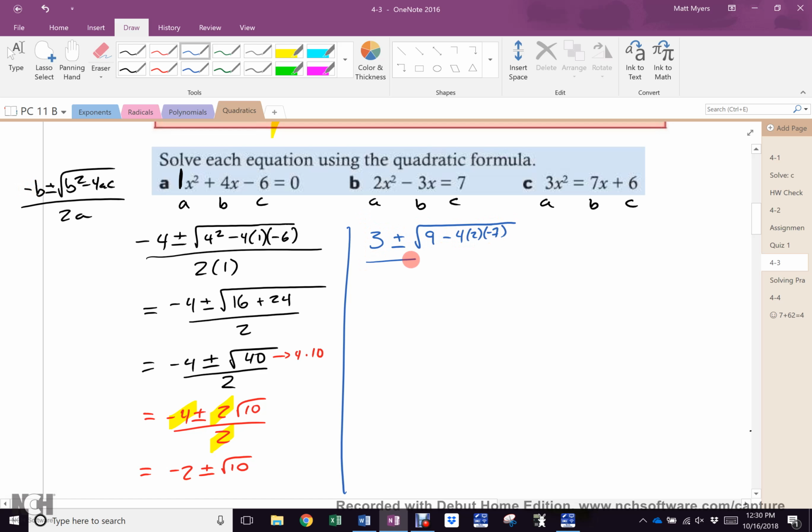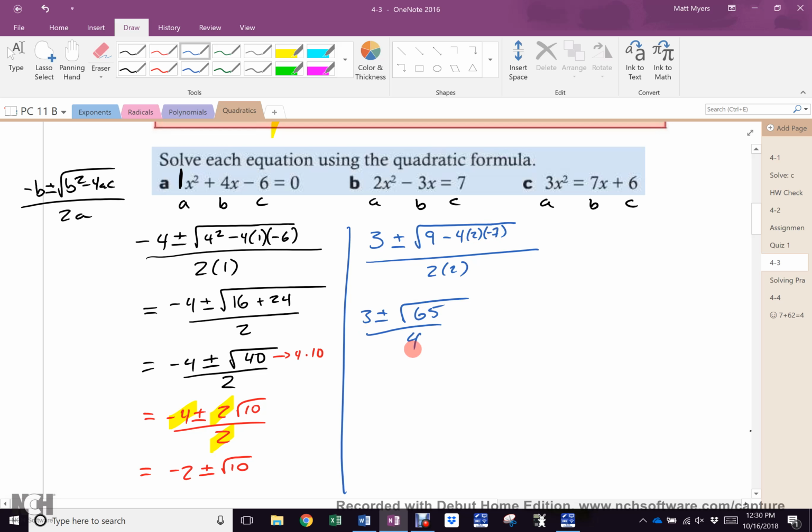Good. I didn't fool anybody. Well, I didn't fool Ayaka. 2 times 2. 3 plus or minus the root of, what's negative 4 times 2? Negative 8. What's negative 8 times negative 7? 56. So that's 65 over 4.